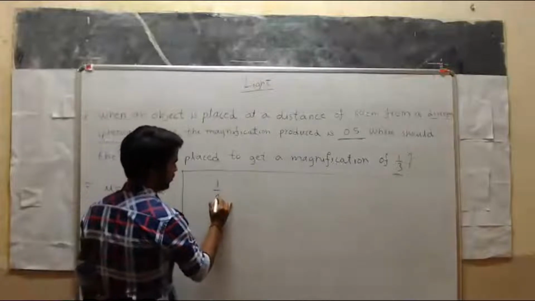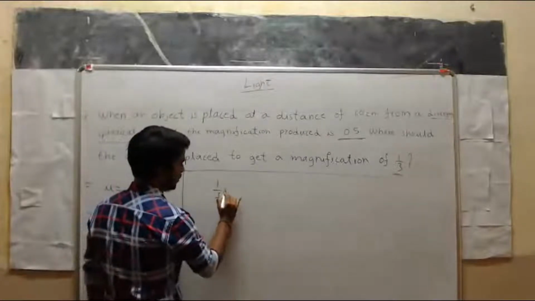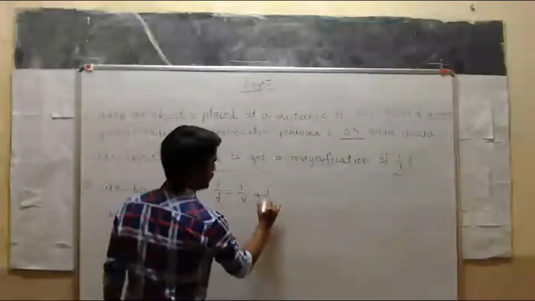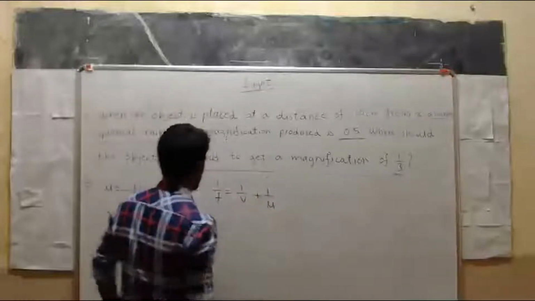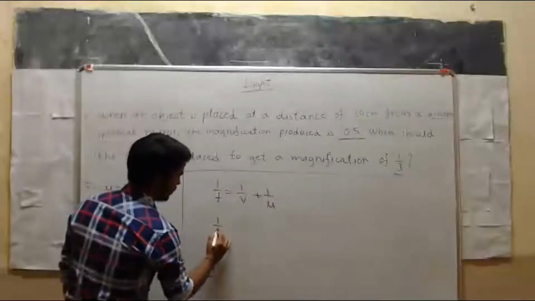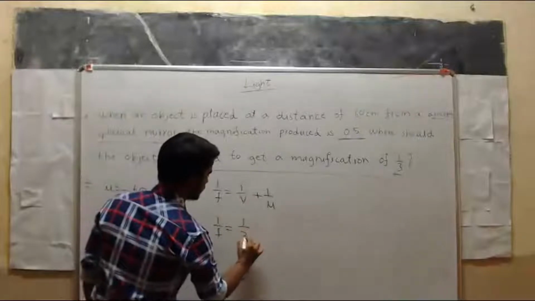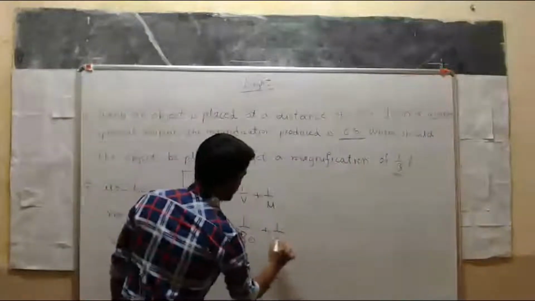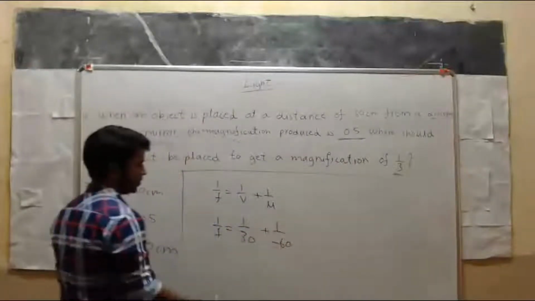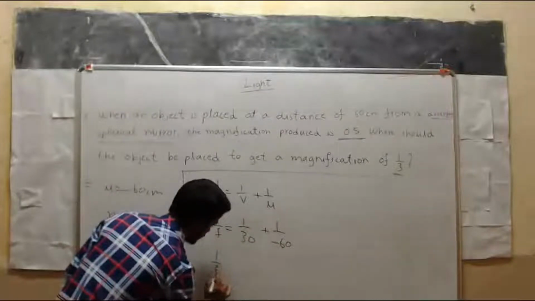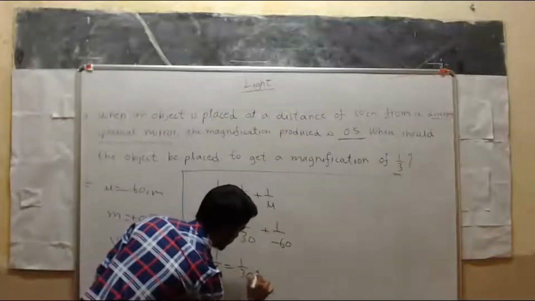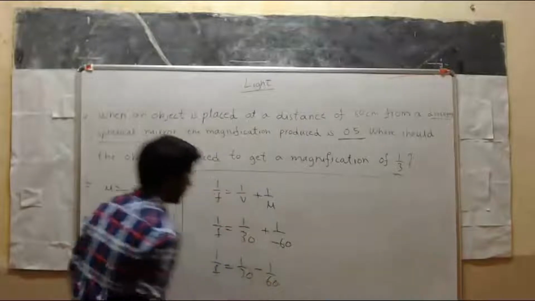Next, we know the formula 1 by f is equal to 1 by v plus 1 by u. So 1 by f equal to 1 by 30, v is 30, plus 1 by u, u is minus 60. Plus into minus is minus, so 1 by f equal to 1 by 30 minus 1 by 60.